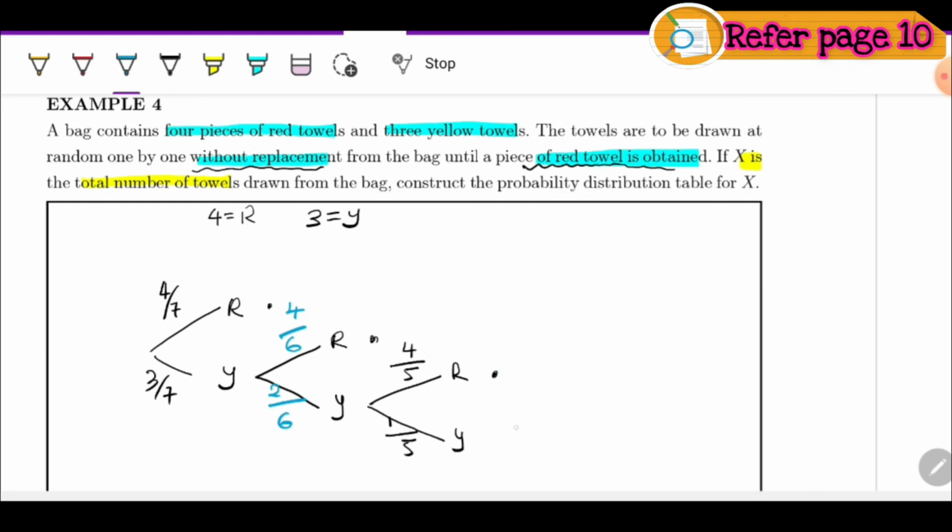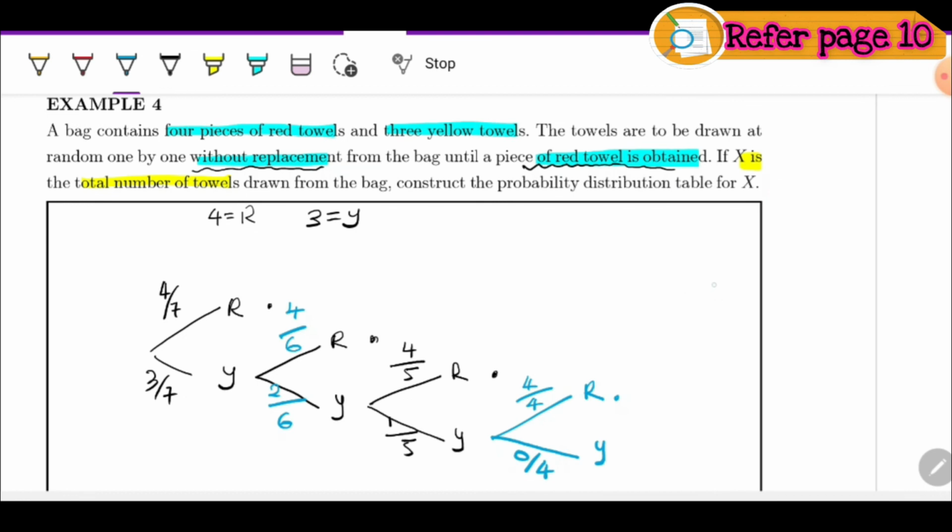Continue the process if we get a yellow towel for the third draw. For the fourth draw, we could get either red or yellow. The probability for yellow towels is 0/4 and for red towels is 4/4.